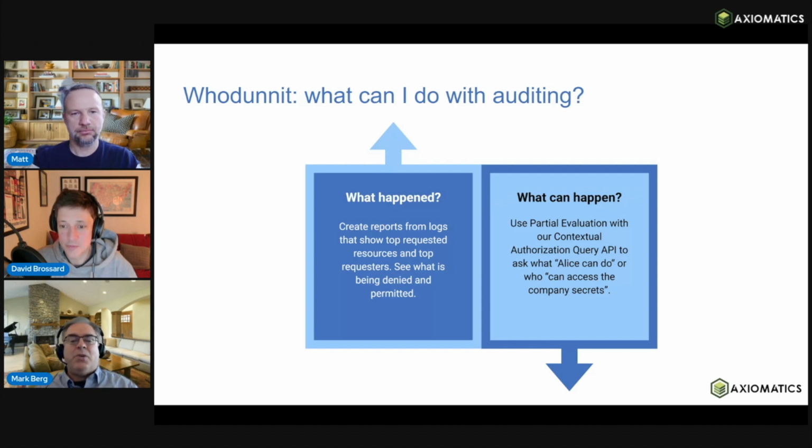And you can turn these questions around and say, all right, who has access to company secrets? You can see the user characteristics. You can say, what actions can someone perform on the company secrets? You can turn this question around any way you want. But the point is you're interrogating the policy to understand what it's allowing and what it's permitting. So it's a way to audit the policy itself.